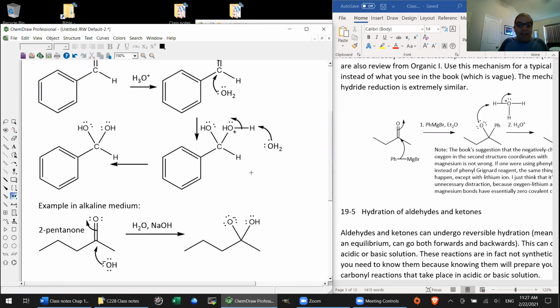And in alkaline medium, everything's going to be turned on its head compared to acidic medium. In acidic medium, we said we don't want to see any strongly basic anions. In alkaline medium, we don't want to see any reactive cations. So no carbocations, no oxygens with a plus charge. Those species do not make sense in an alkaline medium.